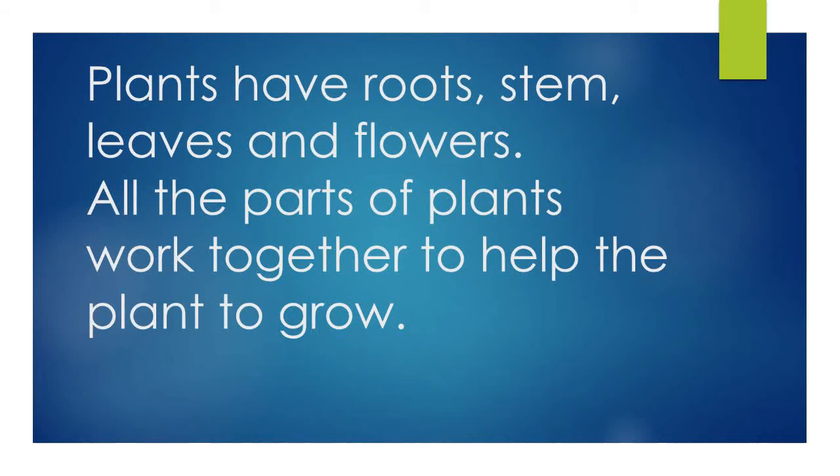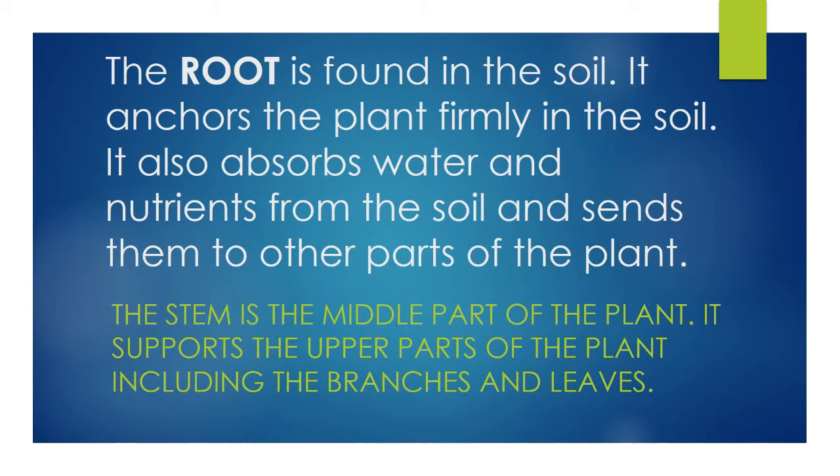So looking at the picture, we can conclude that plants have roots, stem, leaves, and flowers. Not forgetting fruits. All the parts of plant work together to help the plant to grow. The root is found in the soil.